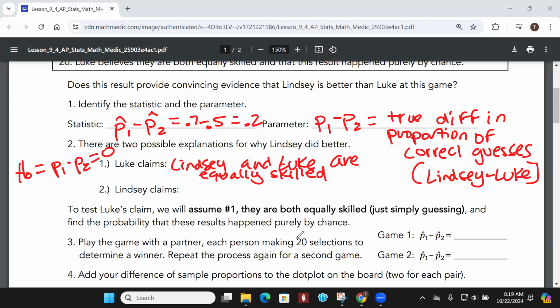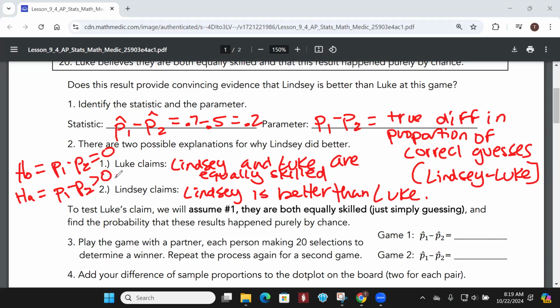Or Lindsay is better than Luke. That would be the alternative hypothesis, which would mean that P1 minus P2 is bigger than 0. Good so far?